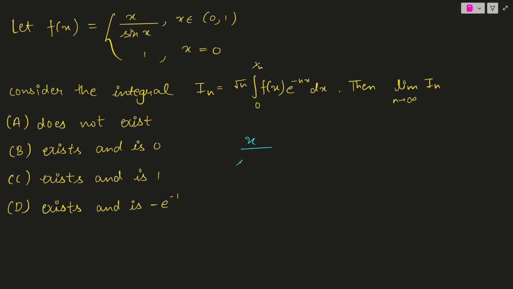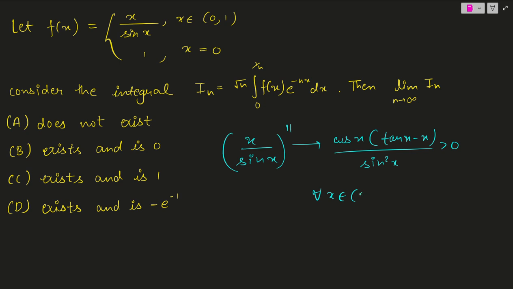We know that x by sin x is an increasing function by application of derivative, as the double derivative of this function is (cos x tan x minus x) upon sin square x, which is greater than 0 for all x belongs to (0, pi by 2).